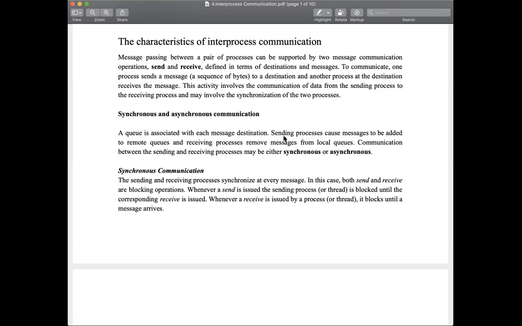Asynchronous and synchronous. When you're talking about interprocess communication, basically we are talking about processes. I believe that you have learned operating systems and you know the meaning of a process. Even though it can be two different host machines, it can also reside in the same machine as well. But we refer to processes since they are separately executing.